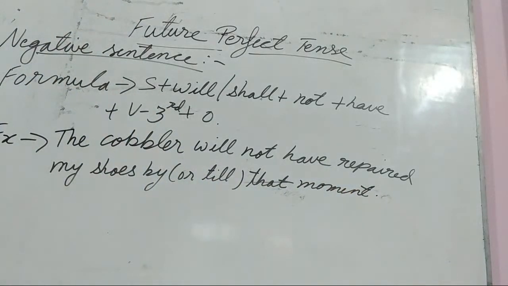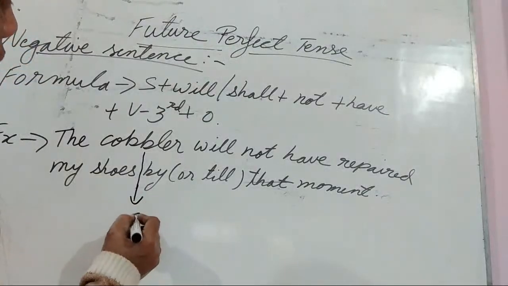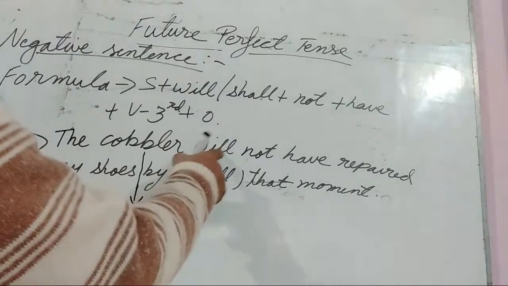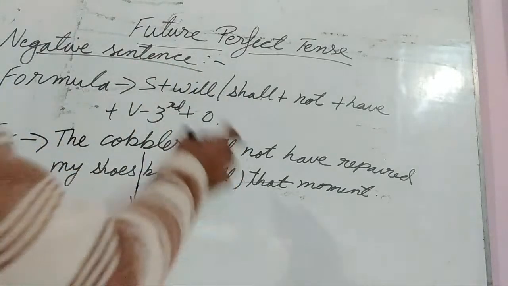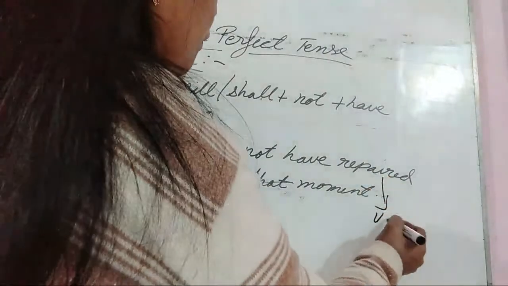The negative sentence in future perfect tense is: the cobbler will not have repaired my shoes by or till that moment. So here your cobbler, according to the formula, is your subject, will as it is a future tense, not as it is a negative sentence. Have repaired is your verb of third form.